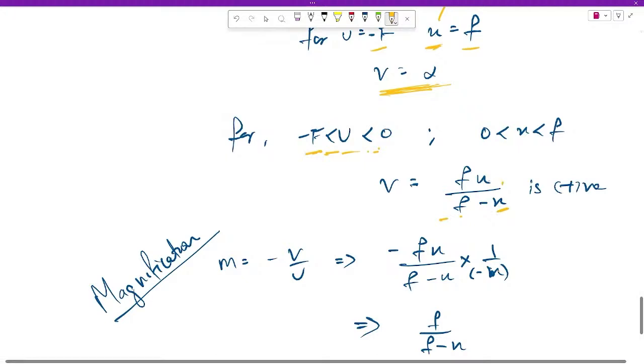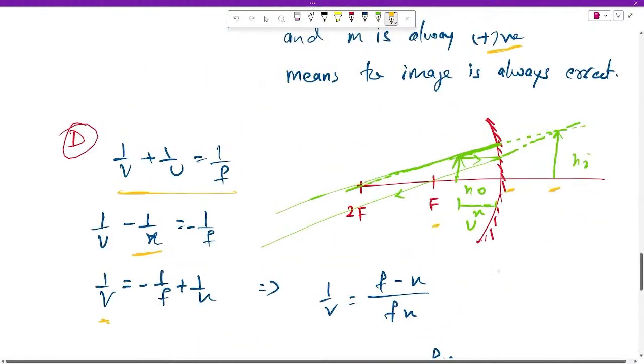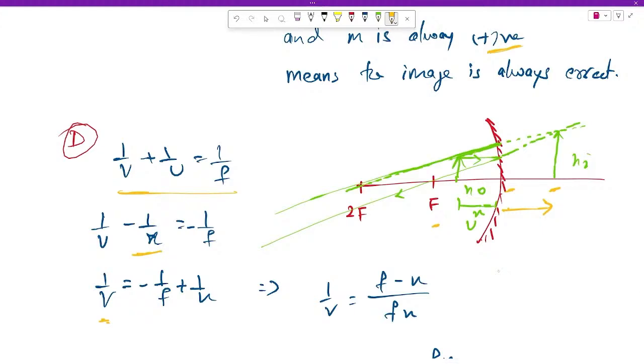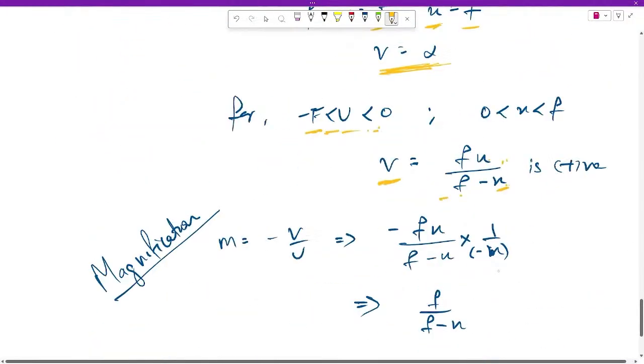Thus both terms are going to be positive, thus v is going to be positive. If v is positive, the mirror will always form the image on the right side of the mirror. That's why we can say that the image will always be virtual.